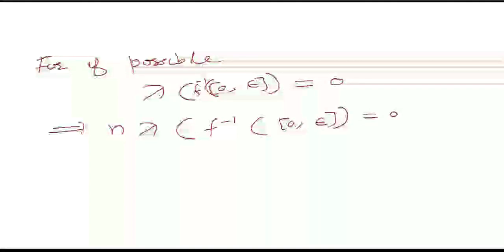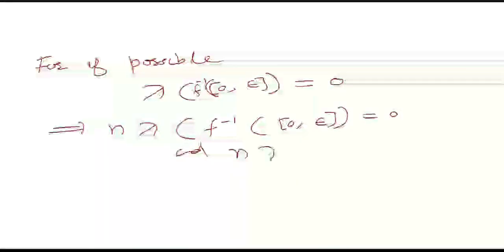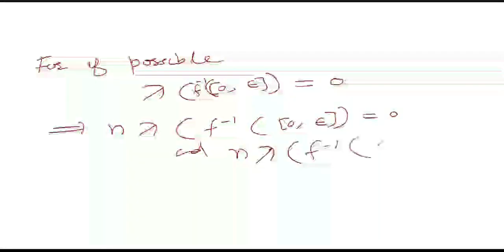Suppose it is 0, then this is also 0, because it's n times 0, and this one is also 0. Similarly, minus n times the Lebesgue measure of f inverse 0 to epsilon is also 0.